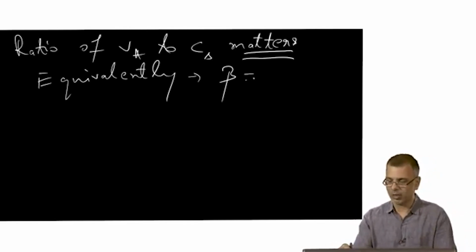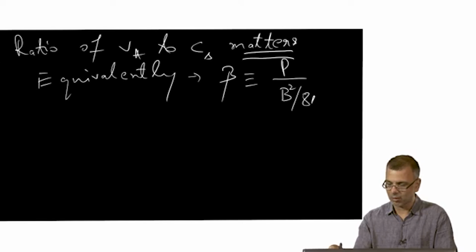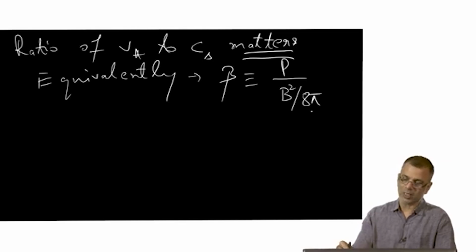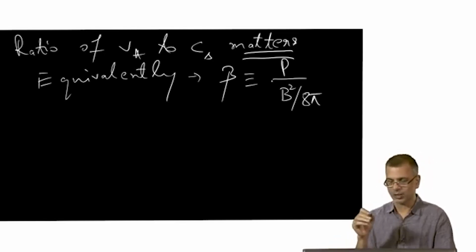If you remember, the plasma beta is essentially the ratio of the gas pressure to the magnetic pressure. So when the beta is very low, that means the magnetic pressure dominates, and when the beta is high, the gas pressure dominates.